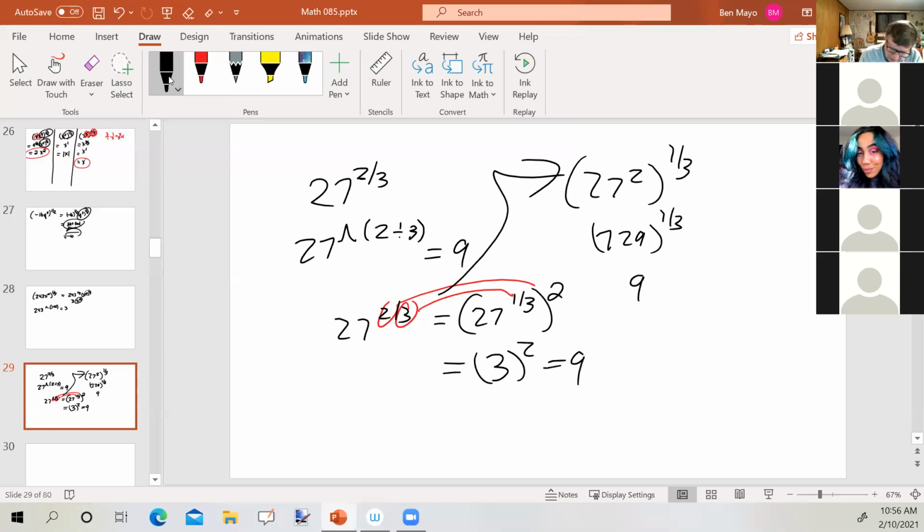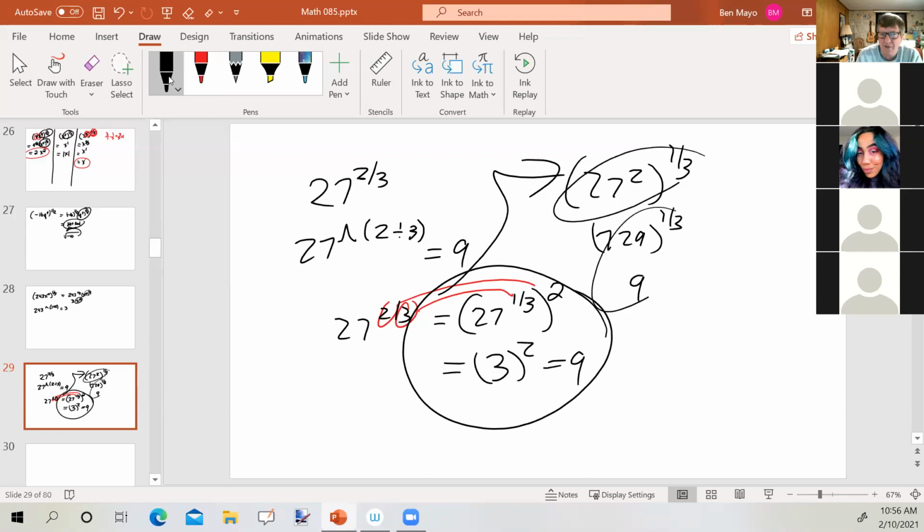But notice this one was easier. This one I could do in my head. This one, not so easy. As long as they're both real, both the root and the power, you can do them in either order. So generally, it's easier to do the root first and then the power, just because then you're dealing with smaller numbers.